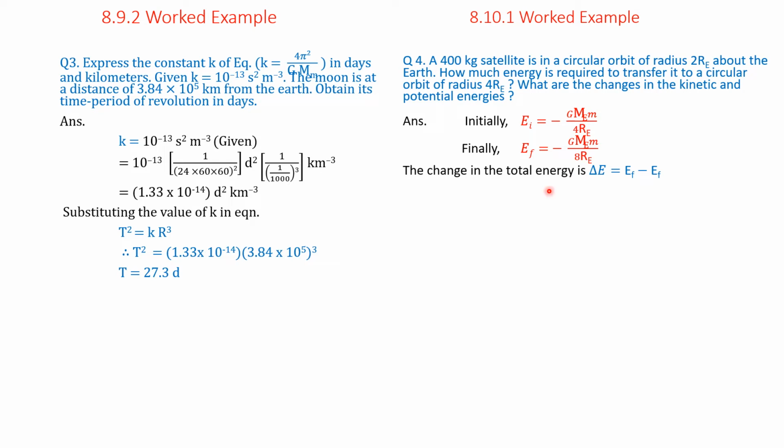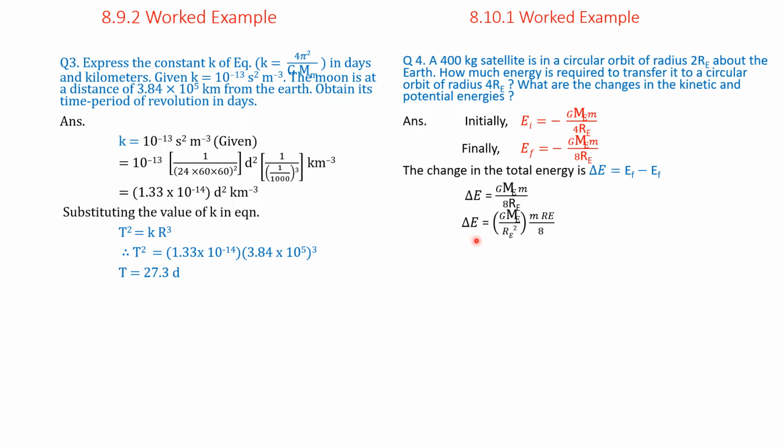The change in total energy is EF minus EI, given by delta E equal to G ME m divided by 8 RE.